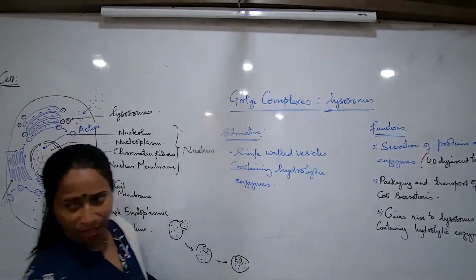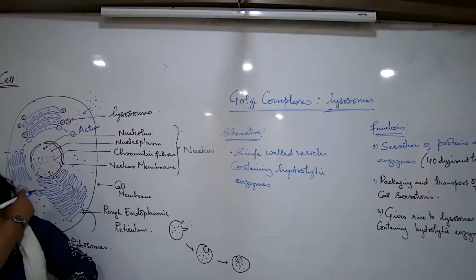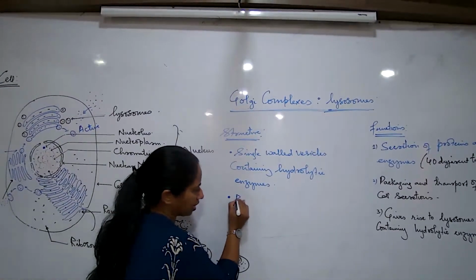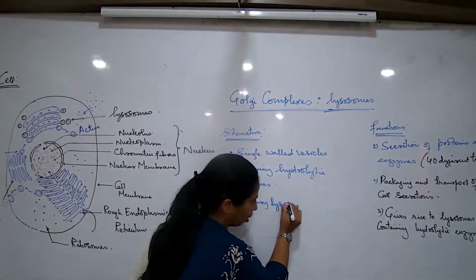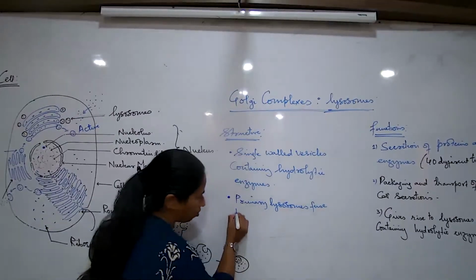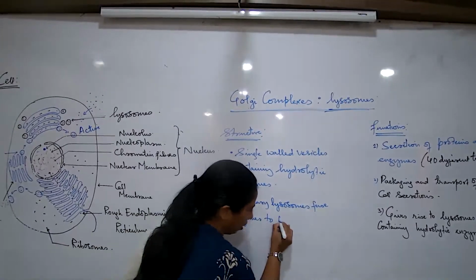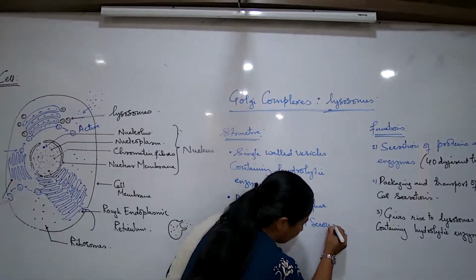And these lysosomes can become bigger by uniting with one another. So if I think of some small lysosomes, primary lysosomes can fuse together to become secondary lysosomes.